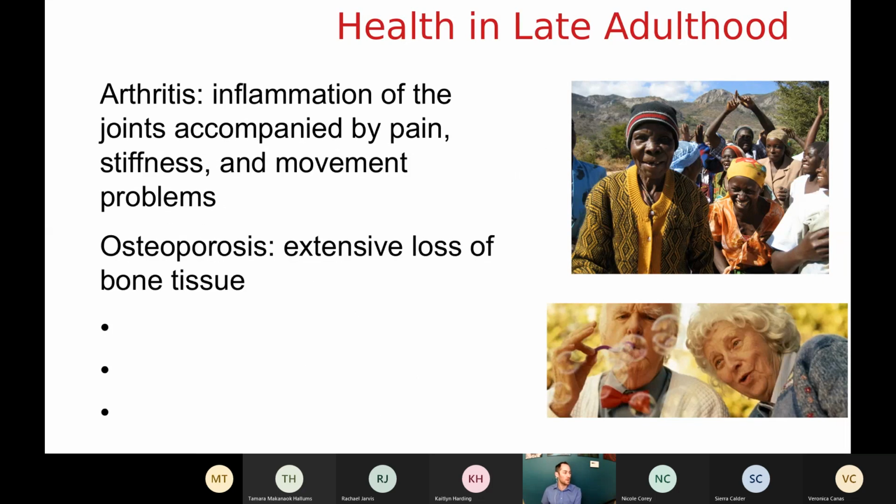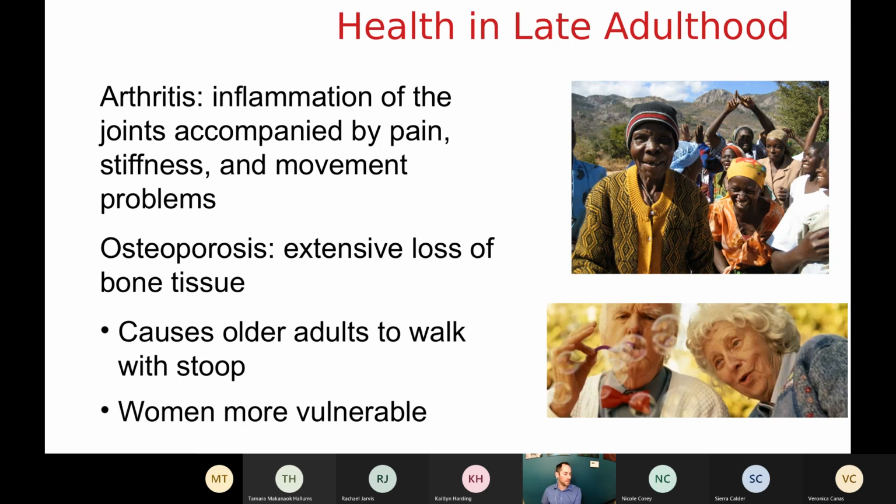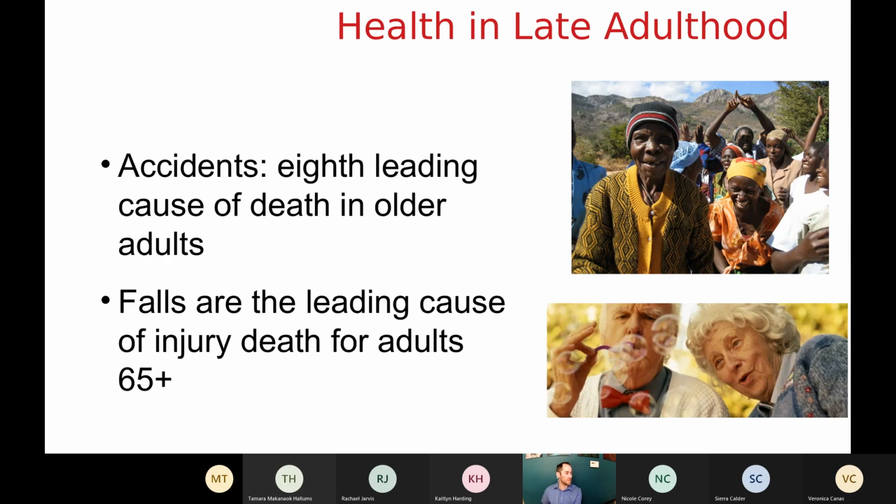All right, so arthritis, osteoporosis. Hopefully you read these definitions in your book. I think we mentioned this, maybe we didn't in this class. Falls are a leading cause of injury and also death for adults 65 plus. You might have heard the trope of someone who's pretty old, maybe 65 or older, falling and breaking their hip.